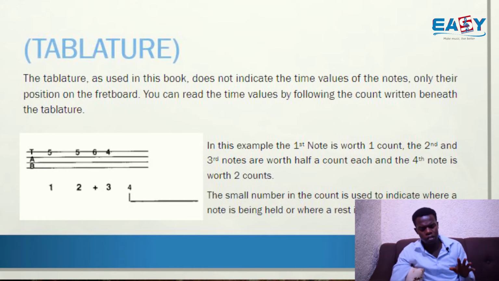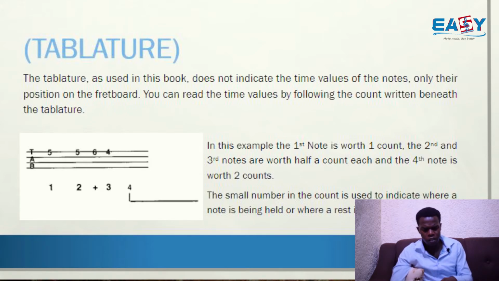And giving it the time value, like the time signature, they are saying that the first 5 you will give 1 count, and the second and the third share 1 count, to mean they are worth a half count each, and the fourth we have 2 counts.